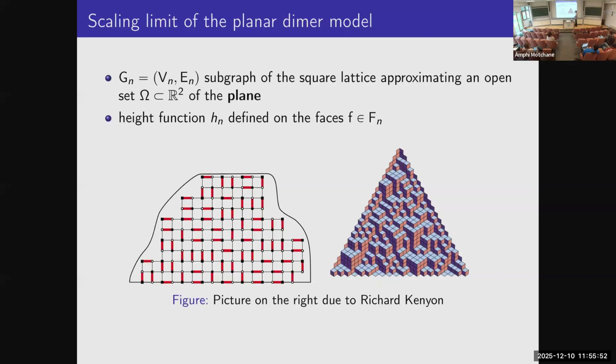Then if you take a very large graph and you look at the height function, there might be some hope that this will converge towards some deterministic or random surface in the limit with some prescribed boundary condition. And this is exactly what Kenyon proved.